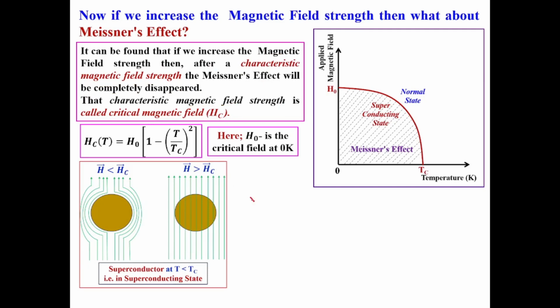From various experimental results, it has been found that Hc at any arbitrary temperature between Tc and 0 Kelvin is related like this: Hc equals H naught into 1 minus T by Tc, whole squared. Here H naught means the magnetic field strength at 0 Kelvin, and T is any arbitrary temperature between 0 Kelvin and Tc.